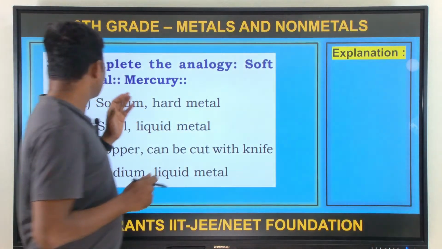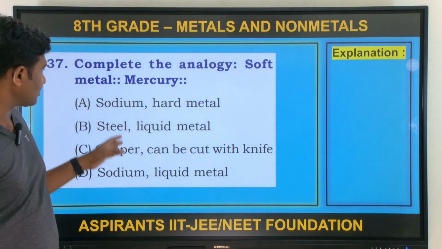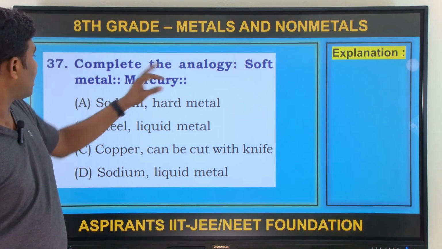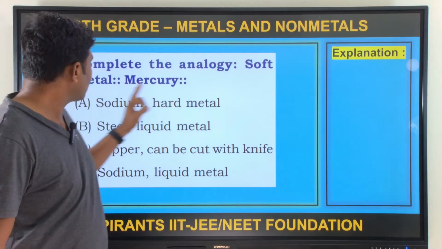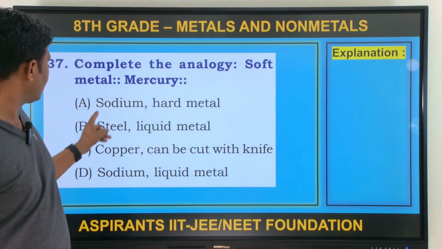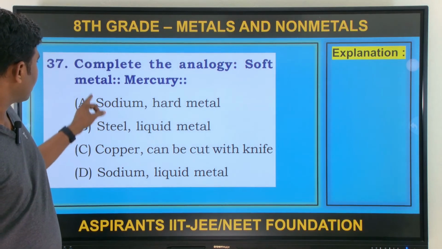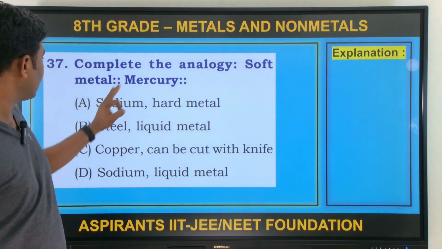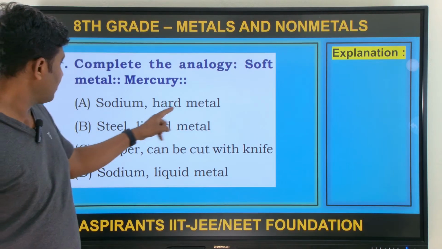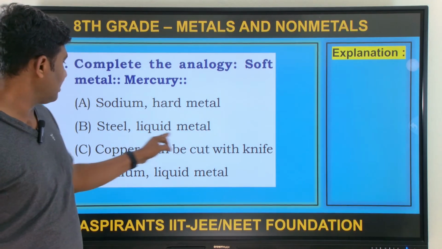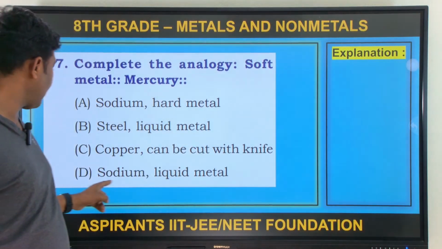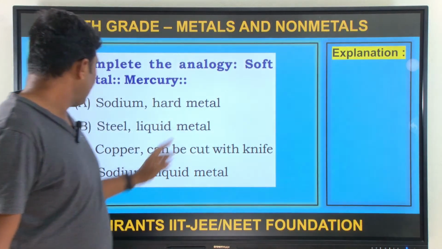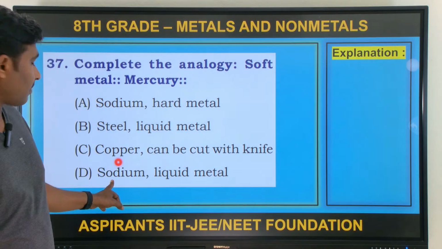Soft metal is to sodium as mercury is to what? The options given are: hard metal, steel, liquid metal, copper can be cut with a knife, sodium, liquid metal. Complete the analogy: soft metal is what? Sodium. Just now we discussed that.